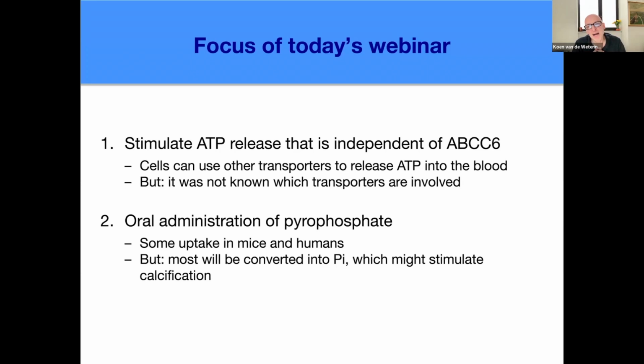That was at least my hypothesis, because if you give a lot of pyrophosphate, it can give rise to increases in inorganic phosphate. And that can increase calcification. At least that's what we hypothesized. So we worked on that also a little bit.